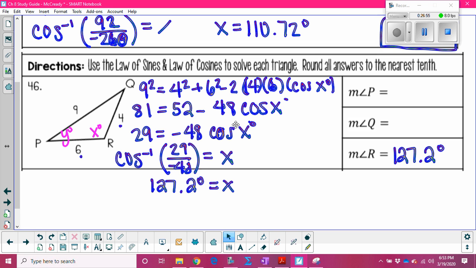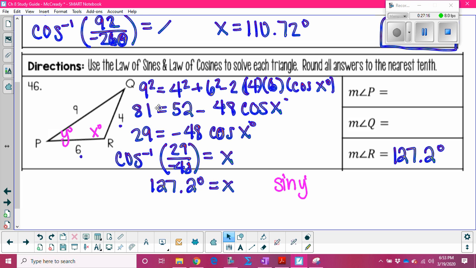To do that, I need to know this angle, but I have the side opposite of it. And I do know what angle R is now. It's 127.2, and I have the side opposite of it. So I'm going to use the law of sines.